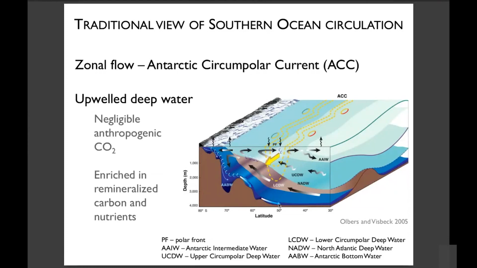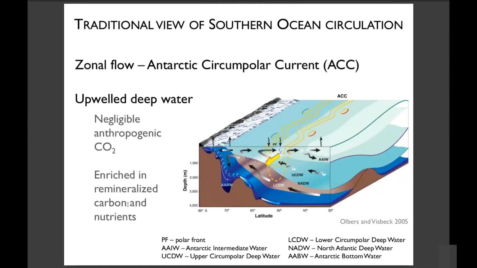Okay, and this upwelled deep water is important for the carbon cycle because it's been isolated from the atmosphere for many hundreds of years, and so it has really negligible anthropogenic CO2. It's some of the oldest water that we find in the global ocean.